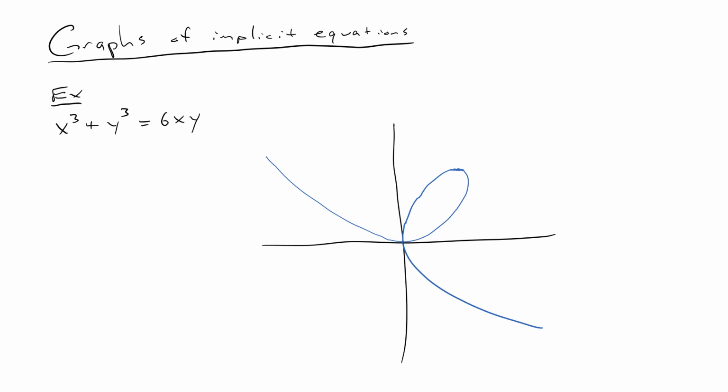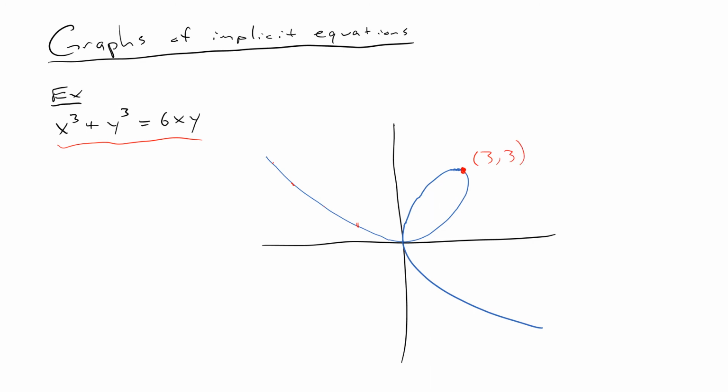If I graph x cubed plus y cubed equals 6xy, you get this weird loop here shown in blue. Again, this is probably not what you'd expect from graphing something like this. You've probably never seen a graph of an implicit equation. But the bottom line is, every single point along this blue line is a point that satisfies that equation. For example, this point right here on the end of the loop is the point (3, 3).